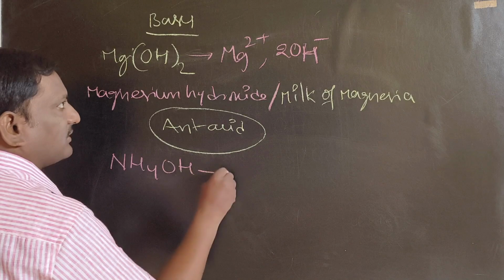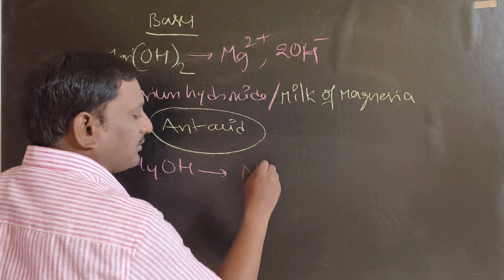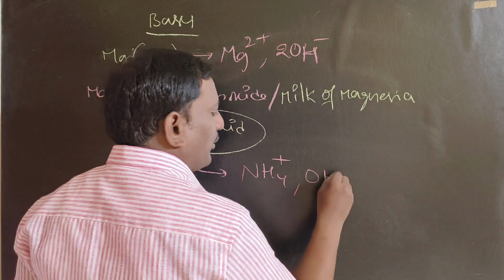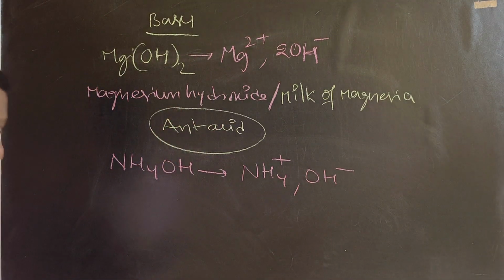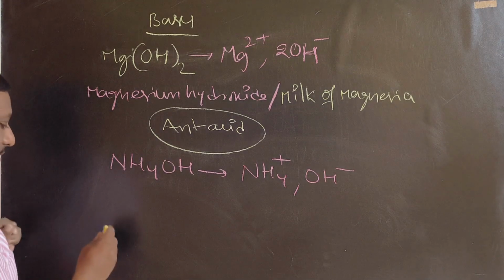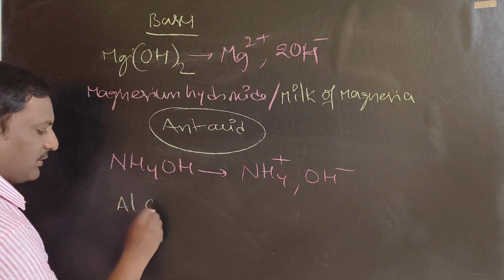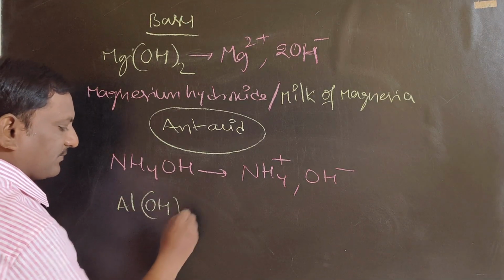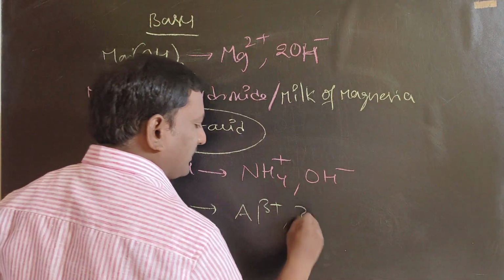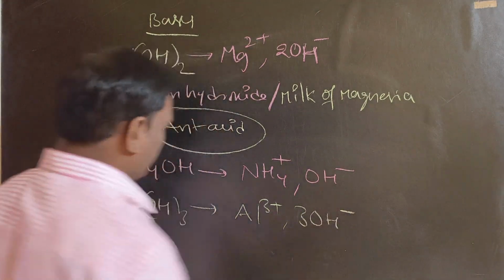NH4OH, ammonium hydroxide, splits up into NH4 plus ammonium ion along with OH minus ion. Next one, aluminum hydroxide, Al(OH) taken thrice, splits up into Al3 plus and 3 OH minus ions.